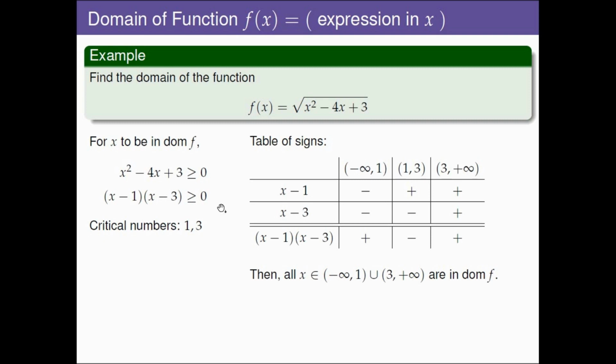So, kasali yung 1. If x equals 3, then the left-hand side is also 0, and it is true that 0 is greater than or equal to 0. So, kasali din yung 3. So 1 and 3 are in the domain of f.